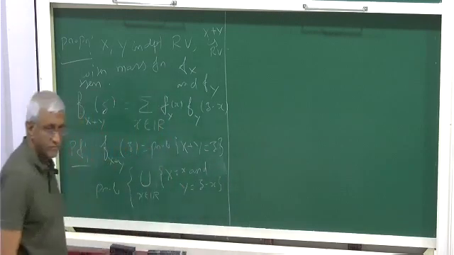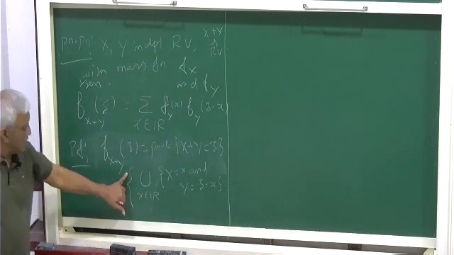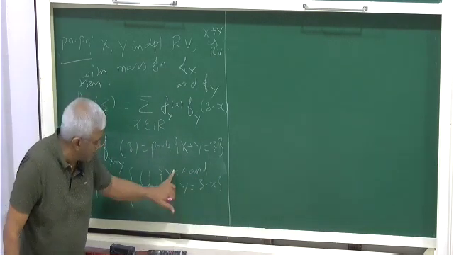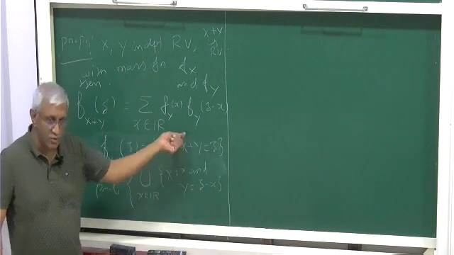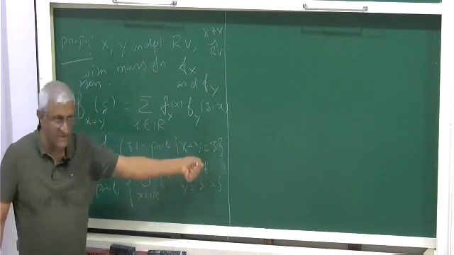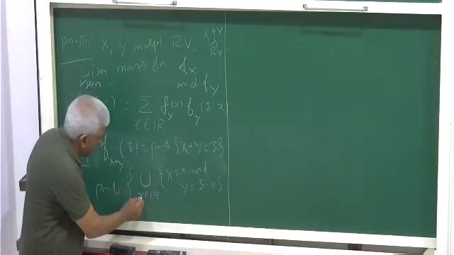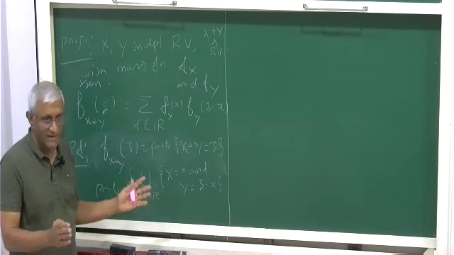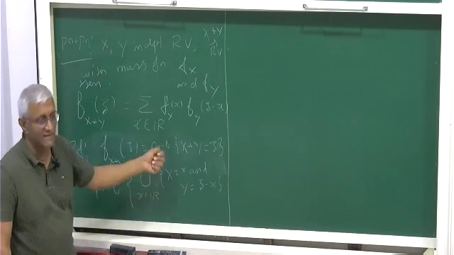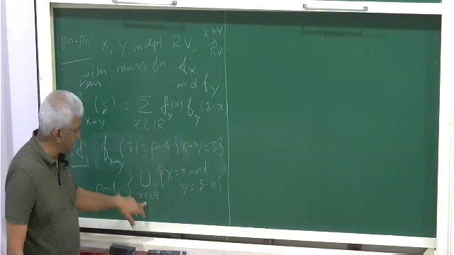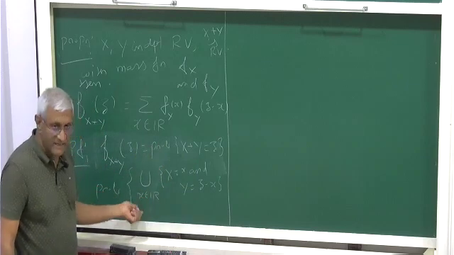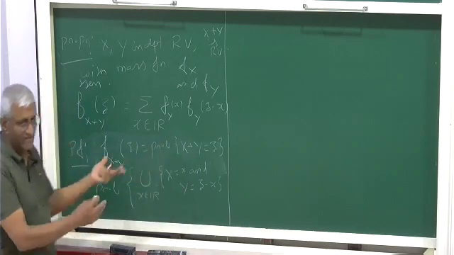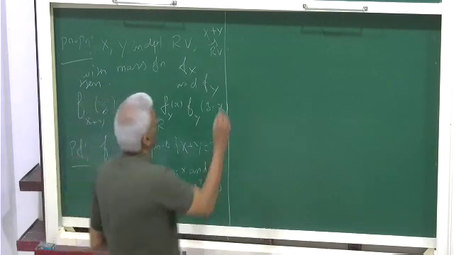When X takes a value x, Y takes the value z minus x. If x1 and x2 are different, then z minus x1 and z minus x2 are different. So for different x, these sets are disjoint, because I am using the fact that X and Y are well-defined functions.